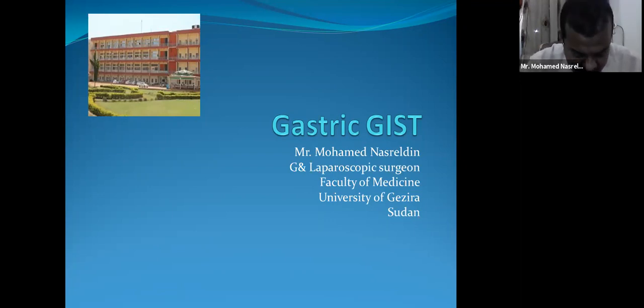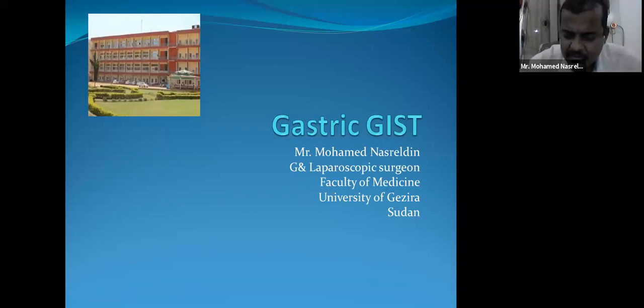So I will try to highlight this gastric GIST by presenting these cases. These are three cases of huge gastric GISTs, and we will discuss in this presentation gastrointestinal stromal tumors in general.